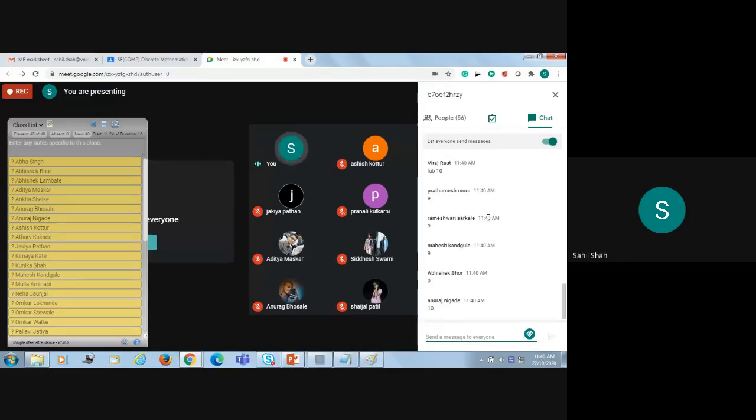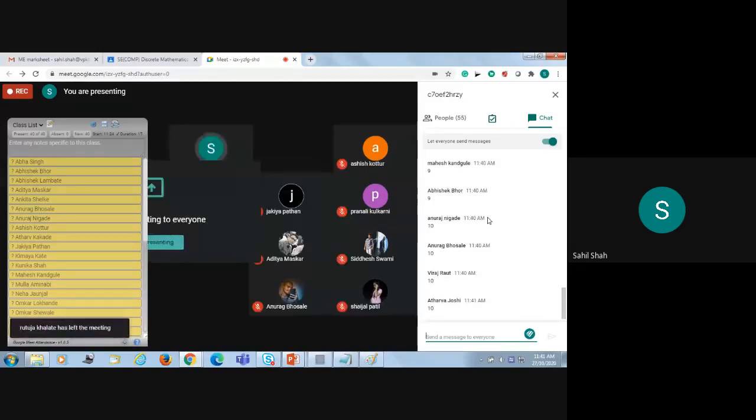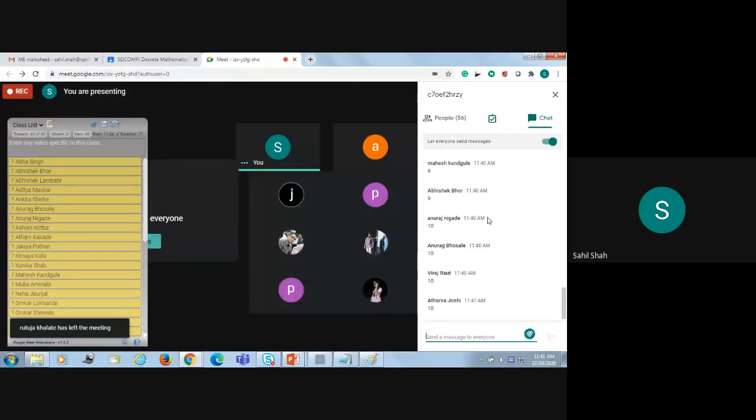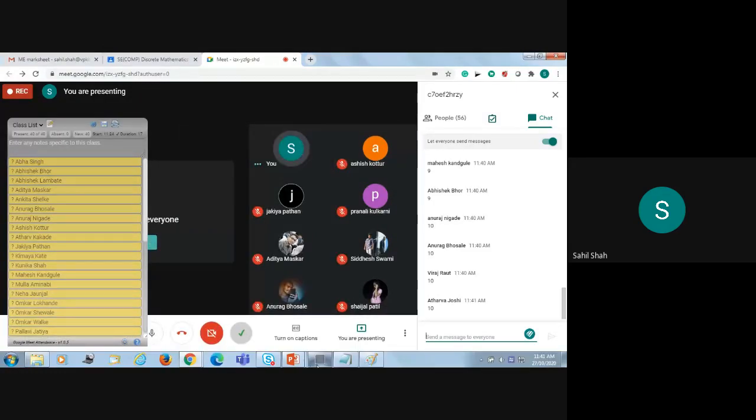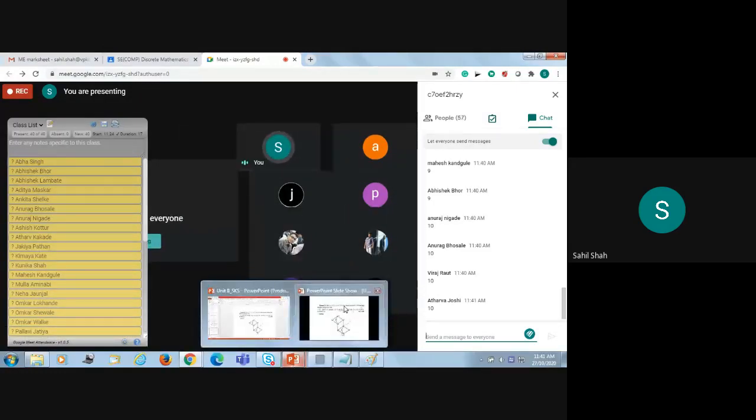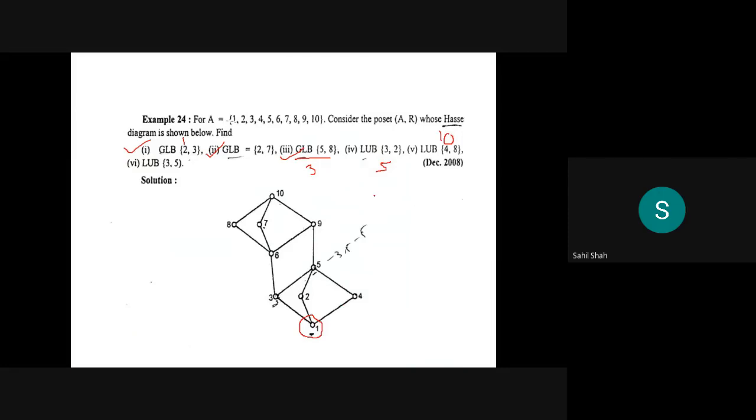I repeat, what is the answer for 6? I would like to tell you, your answer of either 9 or 10 is wrong. That is not the least upper bound of 3 comma 5. Think over it. I will again present the diagram in front of you. The answer is neither 9 nor 10.